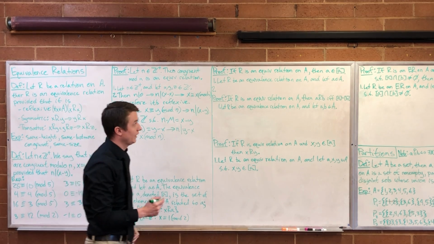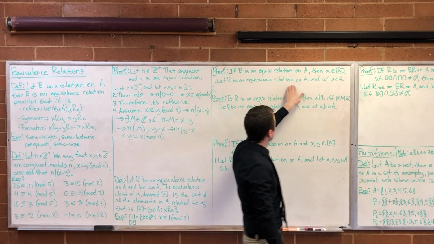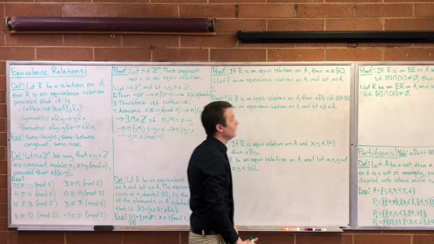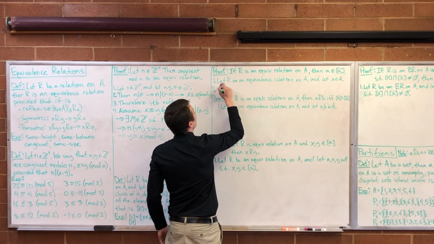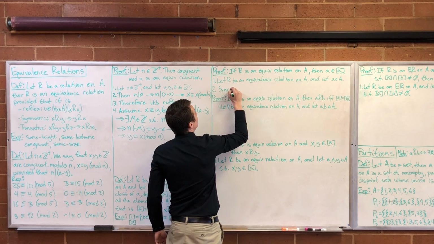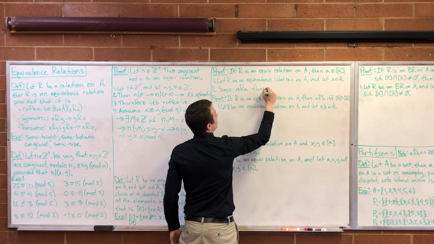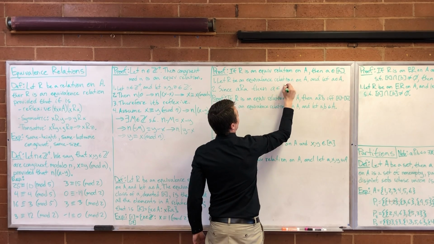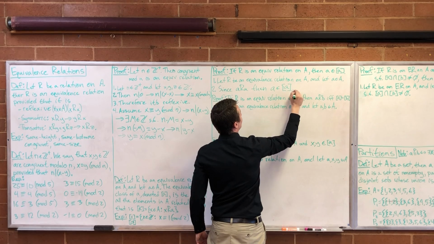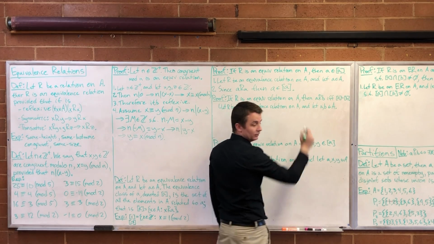R is reflexive, exactly. Let R be an equivalence relation on A, and let a be in A. Since a is related to a, then a is in the set of all things related to a. We're done.